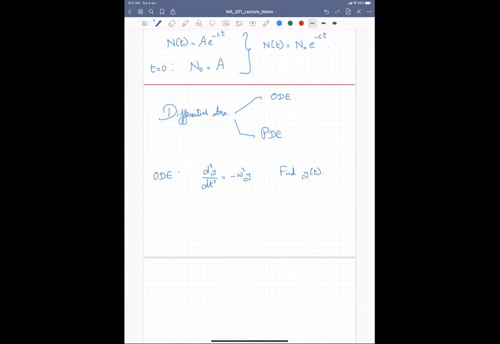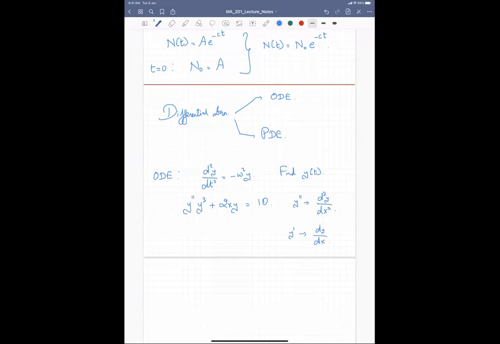So for example, I can have an equation like y double prime y cubed plus 2xy equal to 10. This certainly is more complicated than the first equation, but it still depends on only one variable, which is x. y double prime is usually a shorthand notation for d square y over dx square, and y prime is a shorthand notation for dy over dx.